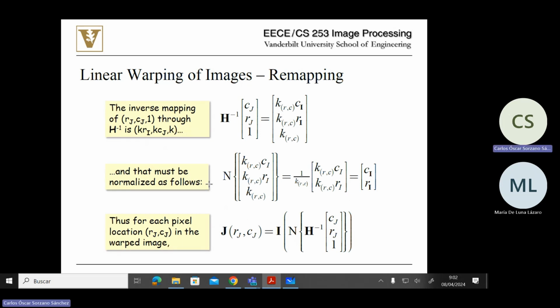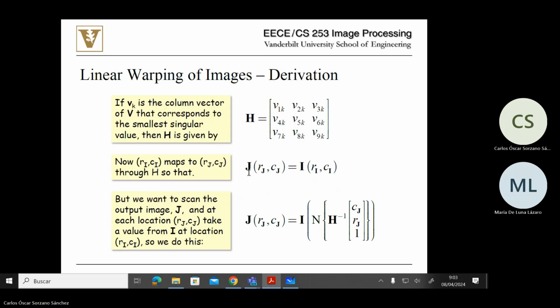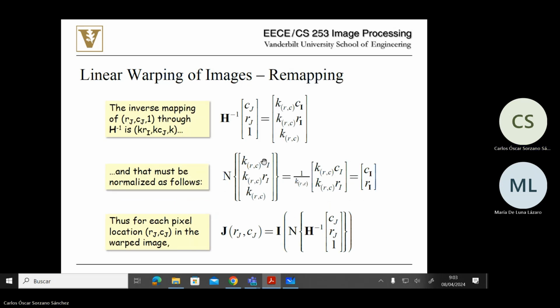Yeah, and this step is the normalization by the third element. This is not interpolation, this is the normalization. You take in general this continuous coordinate, divide by the third element, so you find the coordinate in the input image, and now you have to interpolate. So N is representing the normalization, it is not representing the deformation.